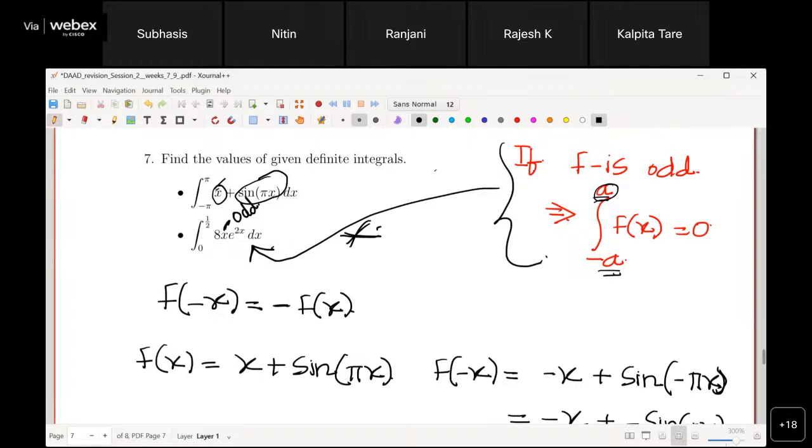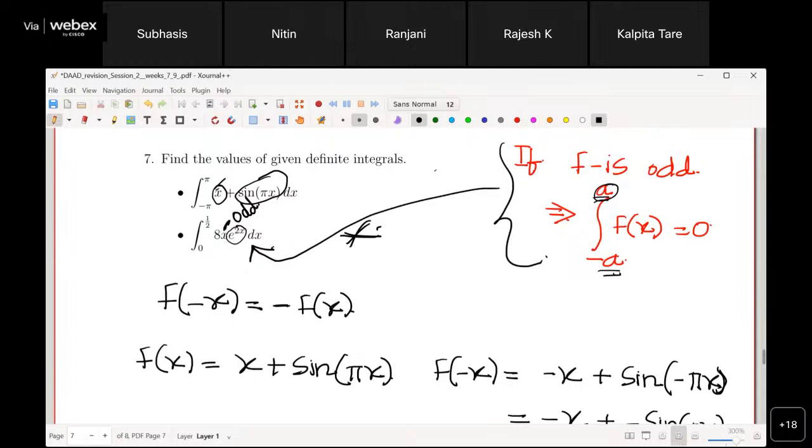So actually here you have an odd function, this x is odd. But the problem here is this e power 2x, which is neither odd nor even. So when you multiply this x with e power 2x, the final result will also be neither odd nor even.